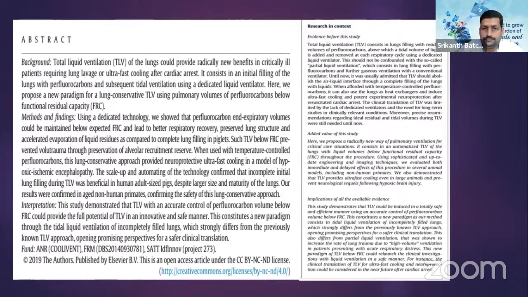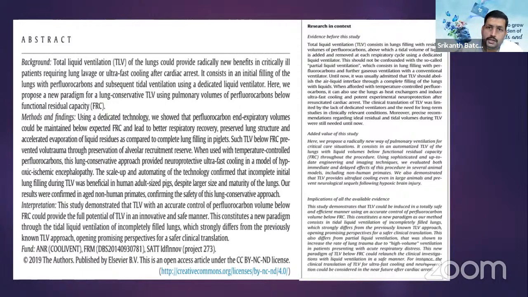They have developed an automated total liquid ventilator which adjusts according to the person's weight, and the added incremental doses are exactly calculated based on this new technology. Being below the FRC and also being dense, the liquid settles down below.